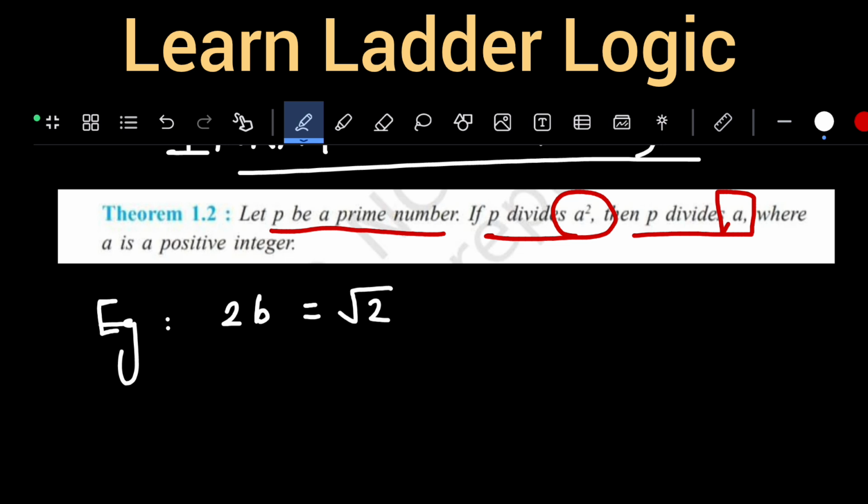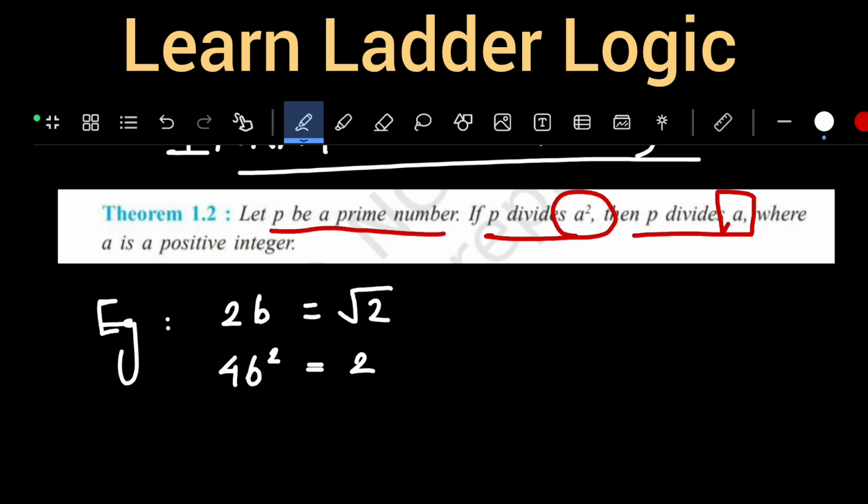Let us assume root 2 is a rational number. I'll just square both the sides, so it would be 2B square is equal to 2.